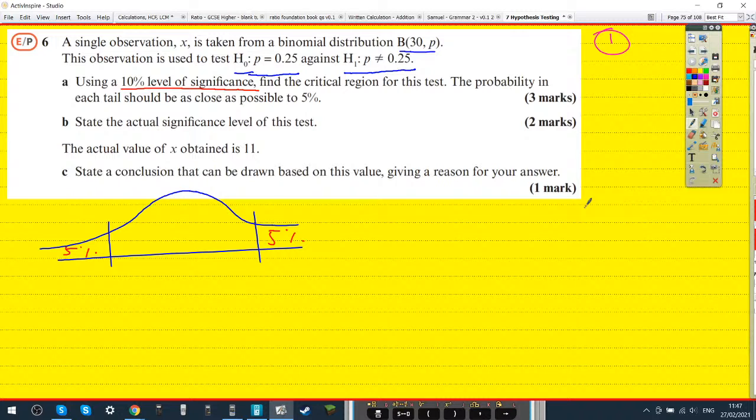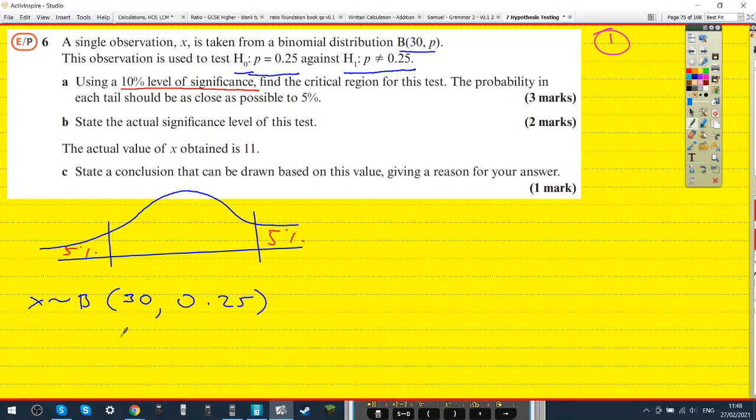So the n would be 30, and P is 0.25. Would you do the upper as 30 and find the lower by guessing the number? Yep, below 5%. I got 13.